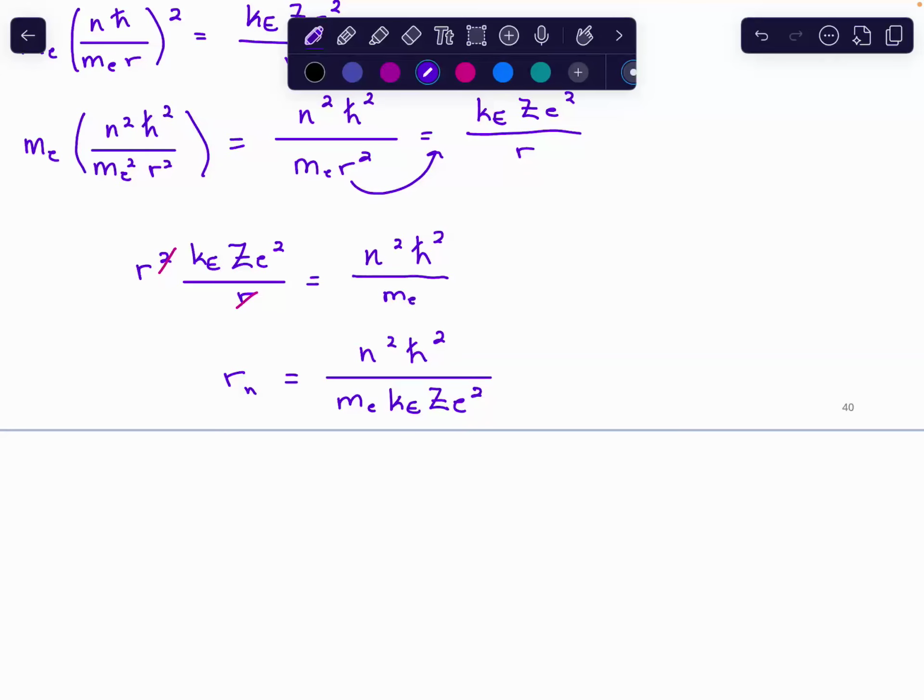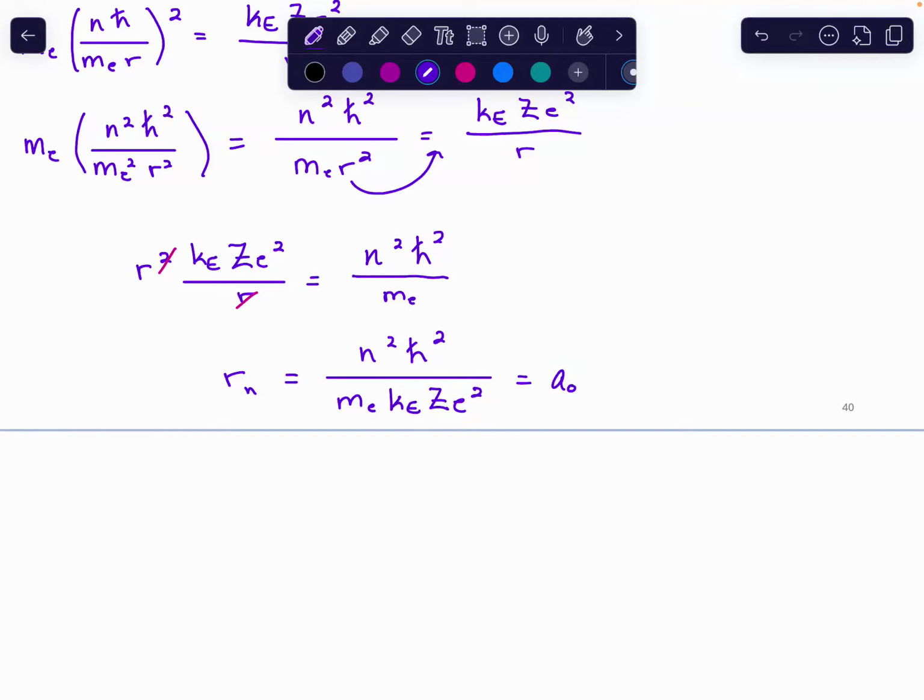Now, what we've done here, this is kind of fun. This is actually your Bohr radius. So a lot of you have read textbooks and you've heard about the Bohr radius. Another way to represent this is a sub 0. So this is your Bohr radius.